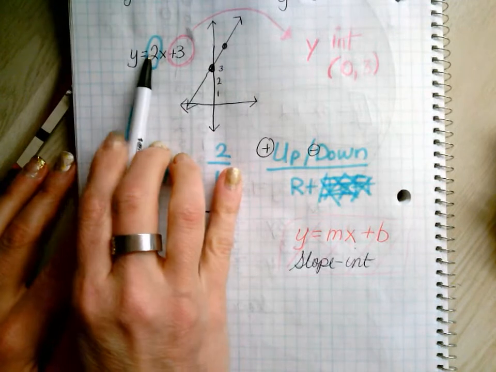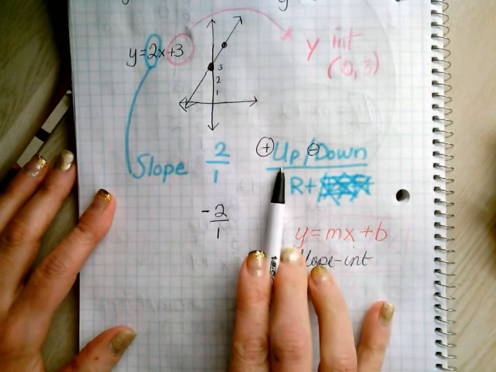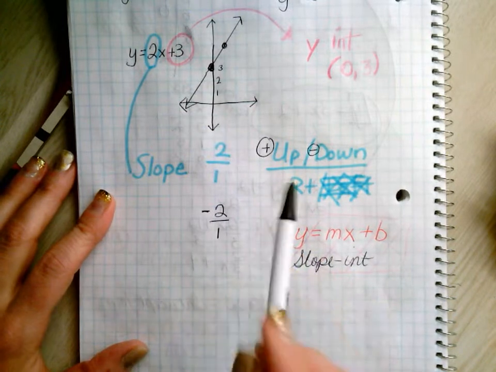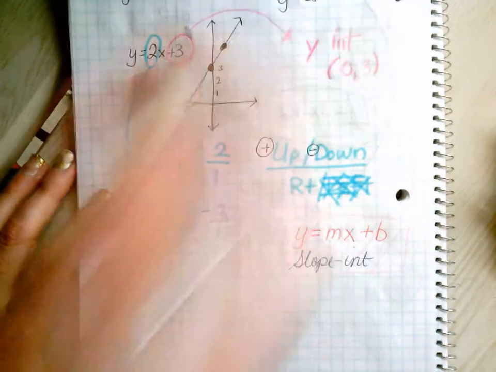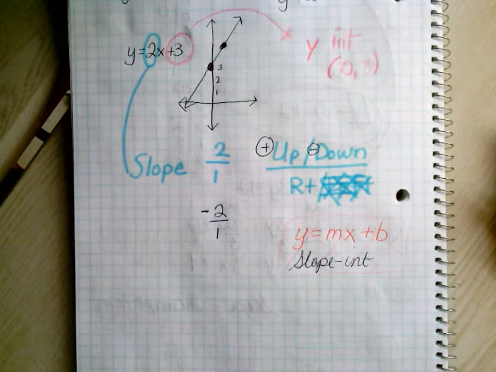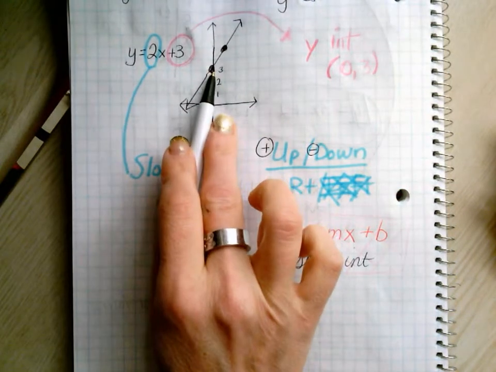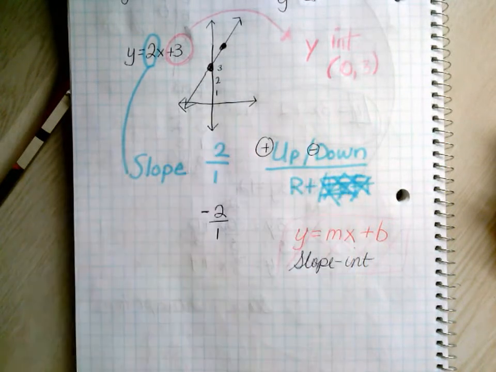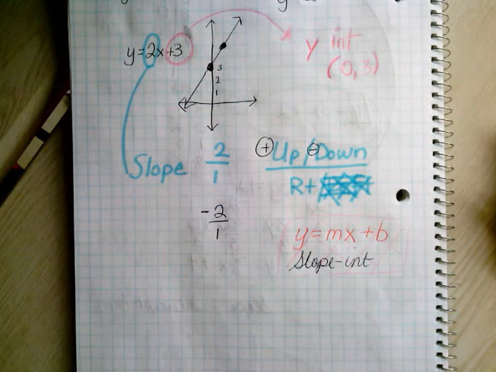This is the slope. Since it's positive, I moved up 2 and to the right 1 position and drew that point. I connected my lines. To verify I'm correct, I could actually plug in 0, 3 and 1, 5. Guarantee you I'd be right.